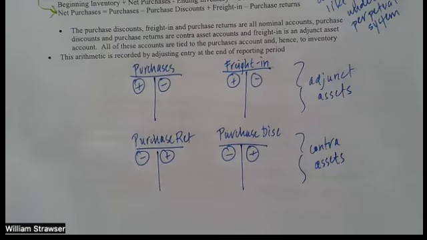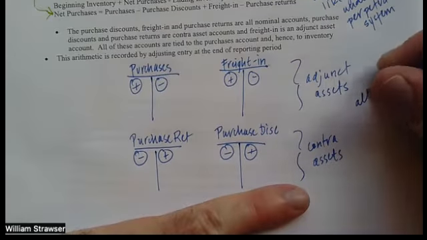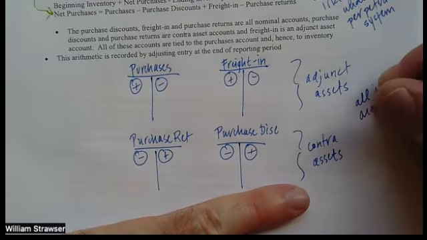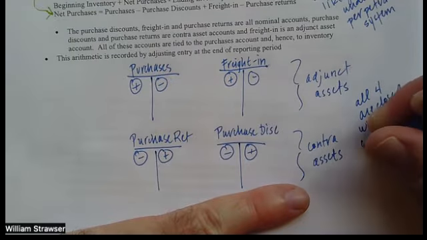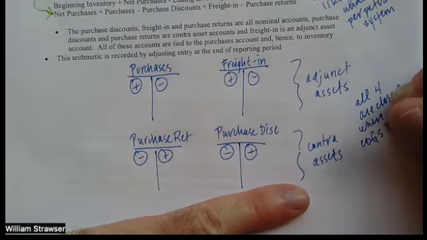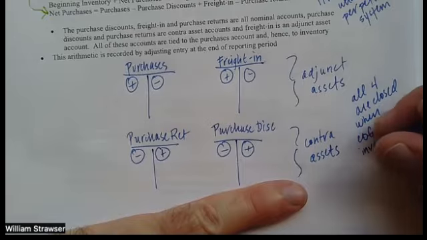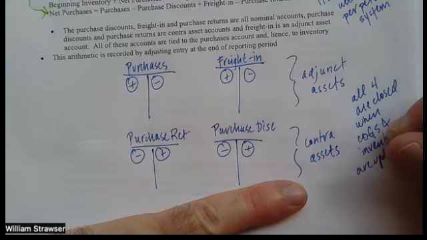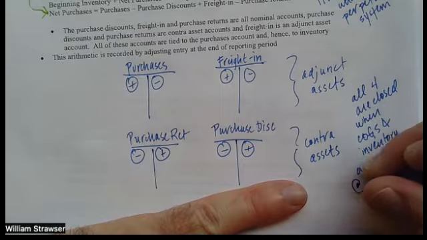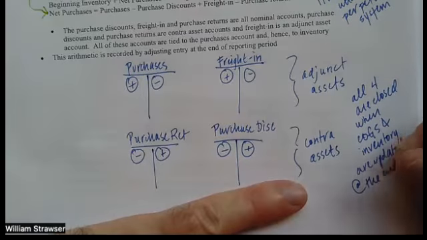Therefore, it should also reduce my overall inventory. And just to reiterate, all 4 are closed when cost of goods sold and inventory are updated at the end of the period.